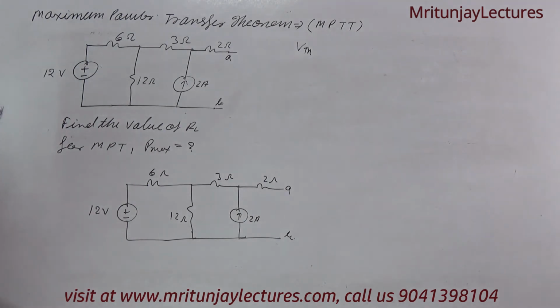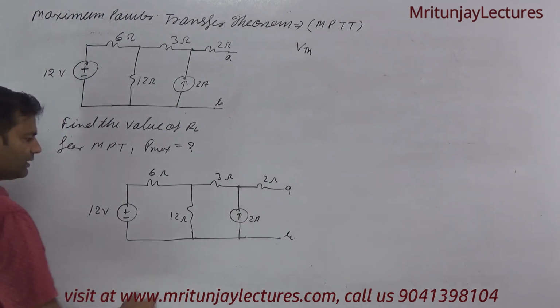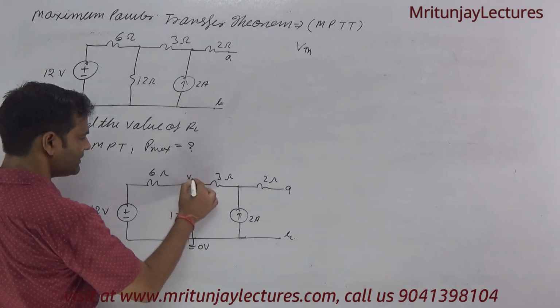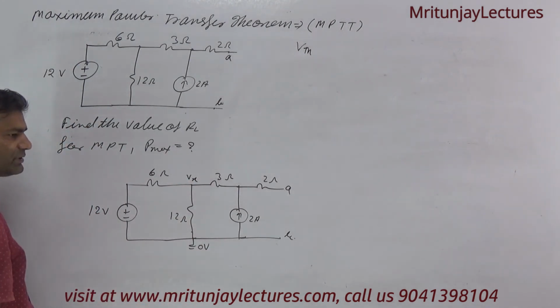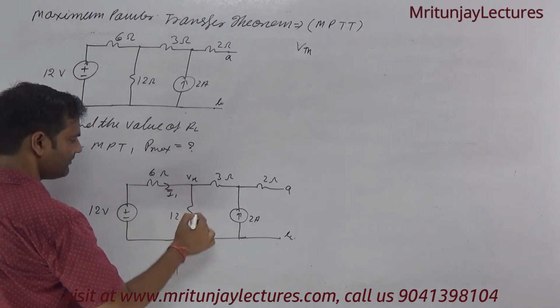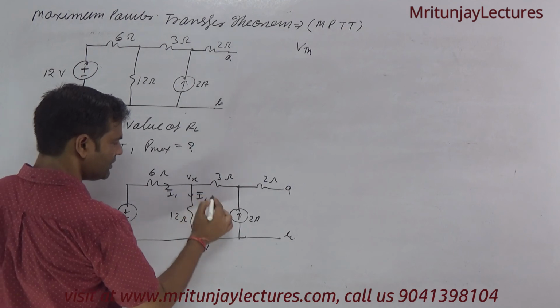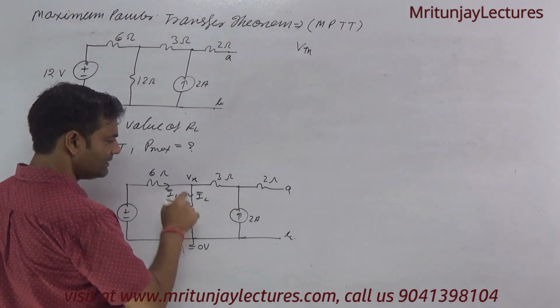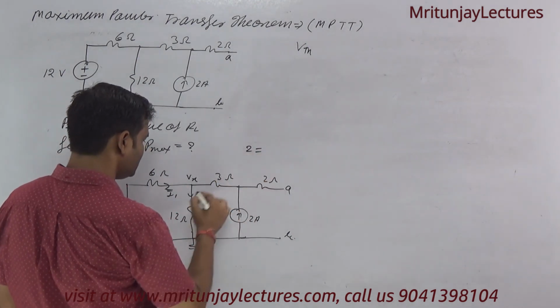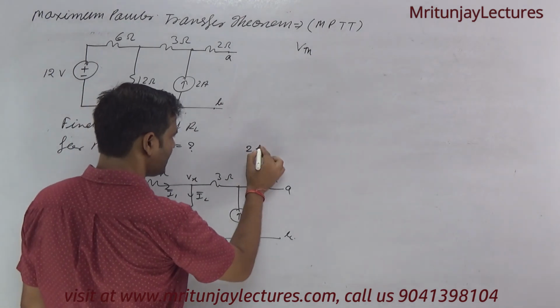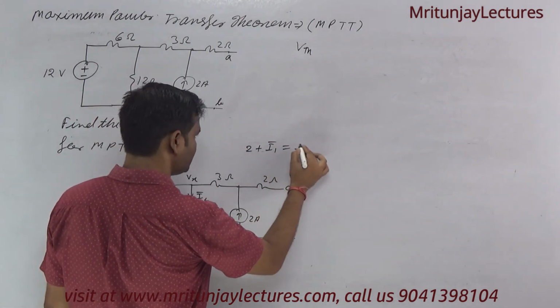Okay, suppose this node is 0 volt and this one is Vx, with currents I1 and I2. Applying KCL at that node, 2 ampere equals 2 ampere plus I1 equals I2.